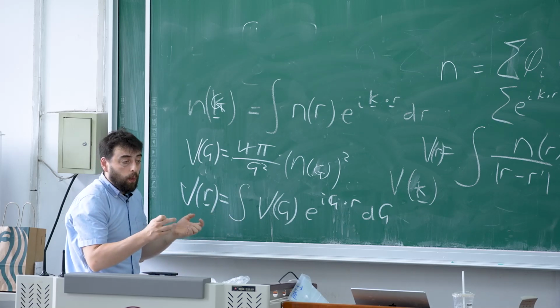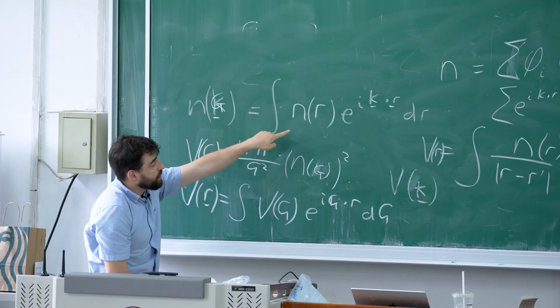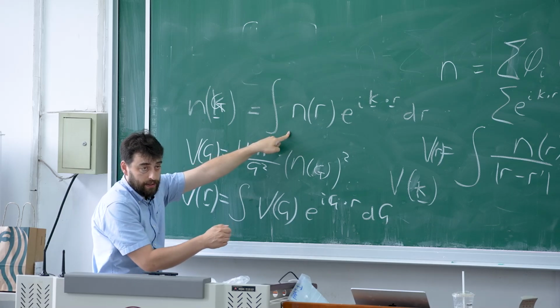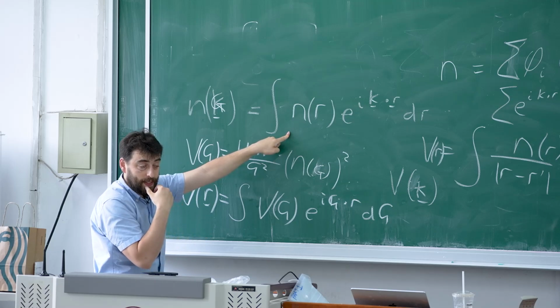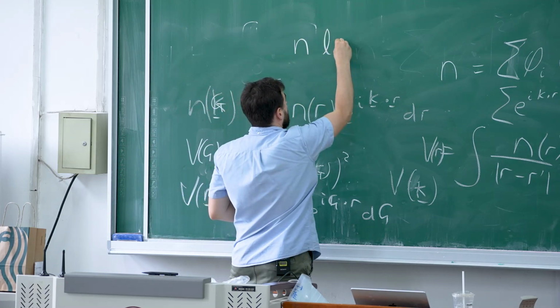And so why is this better? Because this operation is an n cubed operation, right? Each Fourier transform in each dimension, x, y, z, is an n log n operation.